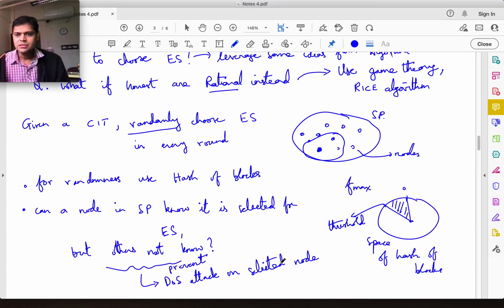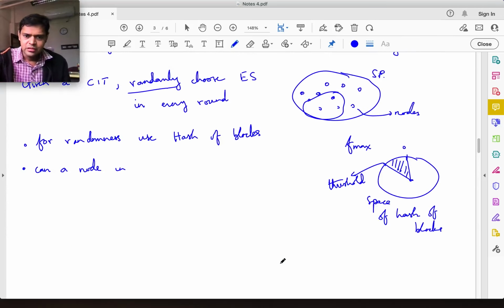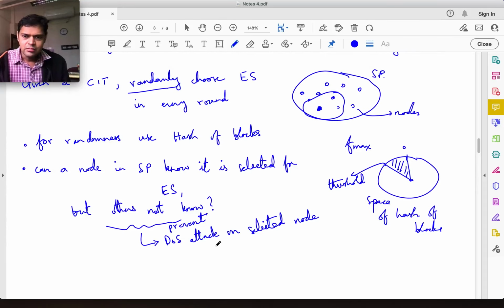Because Satoshi solved a lot of problems in a very simple way, we might think it's trivial to do, but it's non-trivial. In Satoshi's case, you can't do a denial of service attack on a miner who's going to generate a block, because you don't know who's going to generate it. You would have to do a DOS attack on all miners if you want to prevent somebody from releasing his block, right? Anyway, how are we going to achieve this?